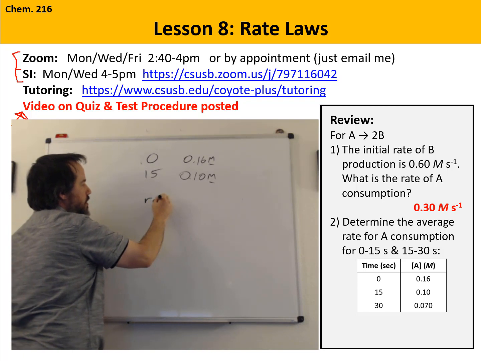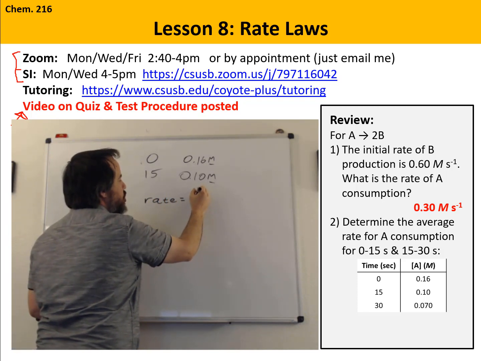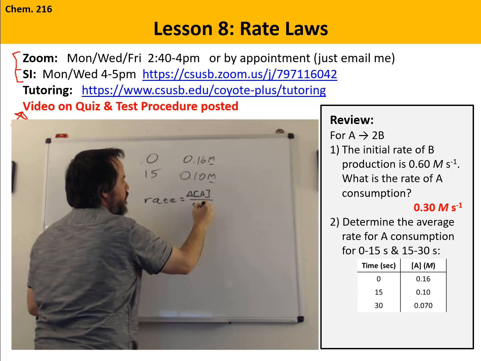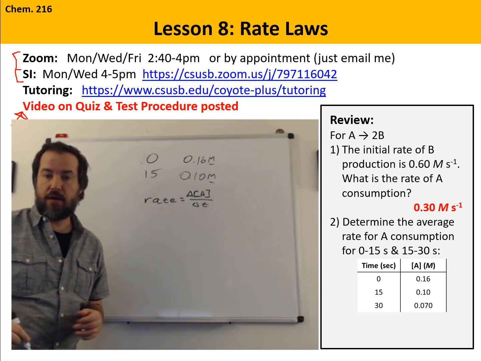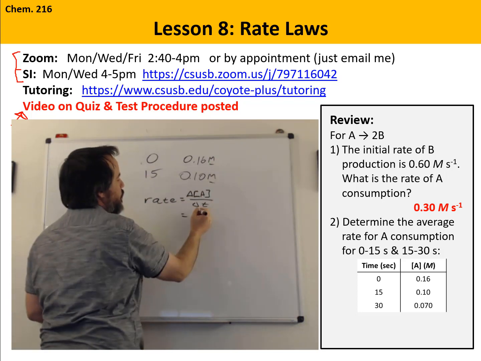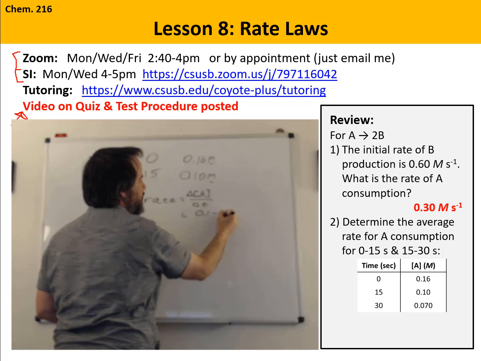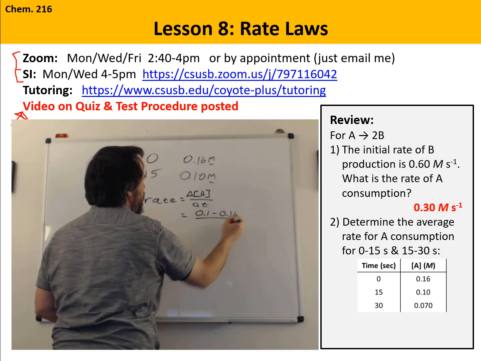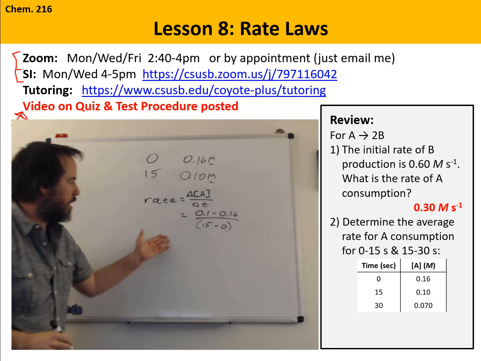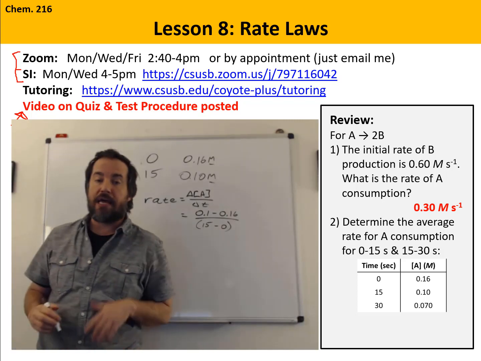Rate is always the change in A over delta T. So this will be 0.1 minus 0.16 over 15 minus 0.